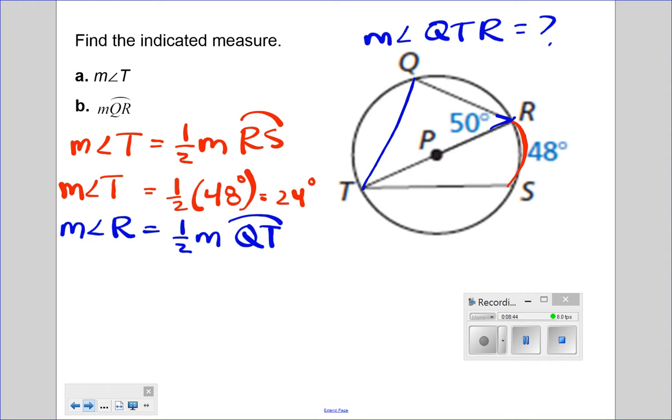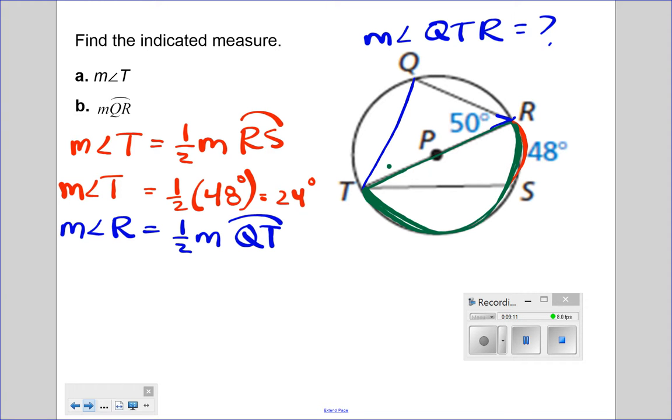Yeah, TR is this. We know this, and we can find this. So we know that this whole thing is 180. Yes. But we know this guy right here has to be what?